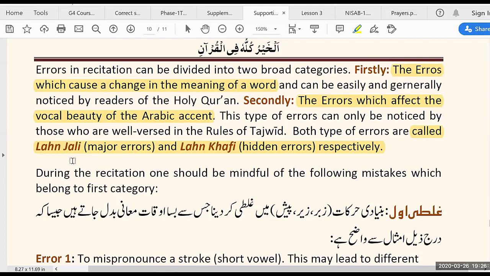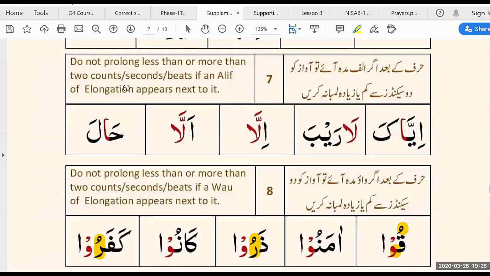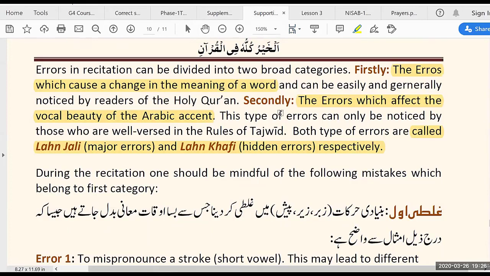These are called Lahne Jali, major errors, and Lahne Khafi, hidden errors. So now I would like to ask the question, if we were to prolong a letter of elongation, let's say, less than 2 seconds or more than 2 seconds, which type of error would that be?